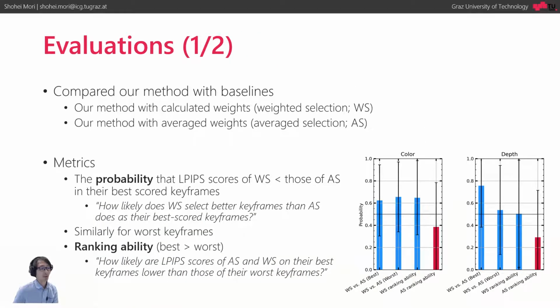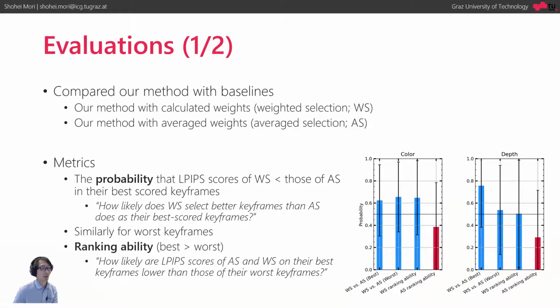We conducted 2 experiments to evaluate our weights against 2 baseline approaches. First, we compare ours, WS here, with the average weights approach, AS. Namely, we set uniform weights in our system. We evaluate the probability of how likely ours selects better keyframes than the averaged weight approach does as their best keyframes.